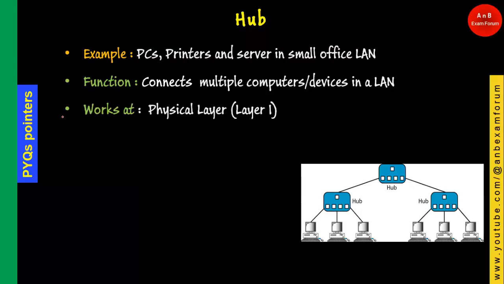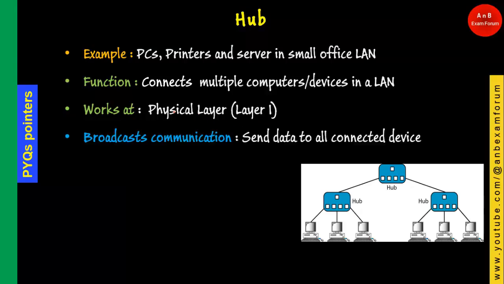It also works at layer 1, the physical layer, and the main difference I was telling you about is broadcast communication. What does broadcast mean? It sends the data to all the connected devices, so it is basically a broadcast device.